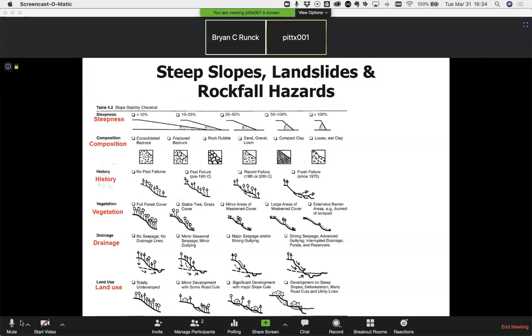Also, the history of landslide and slope failure, where we've had no past failures, likelihood of new failures is less, whereas where we've had recent failures within the 19th or 20th century or fresh failures in the latter part of the 20th century, we can expect the possibility of future slides being higher.